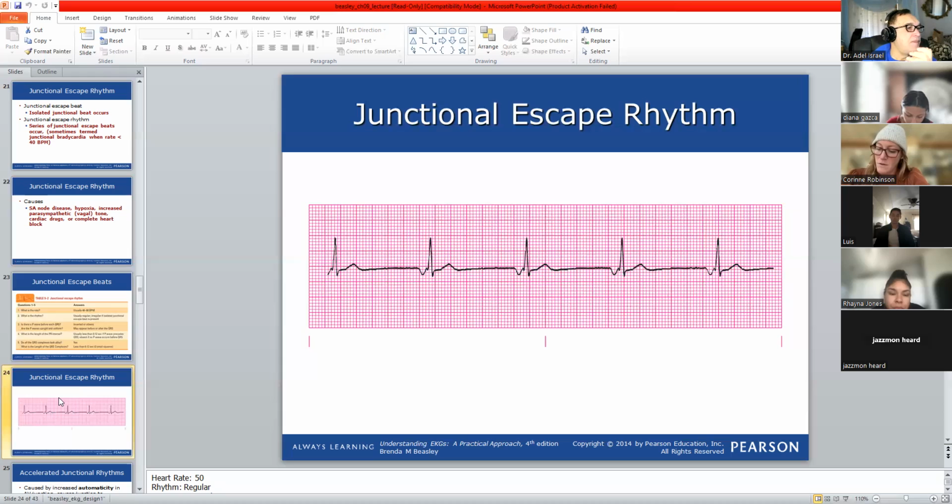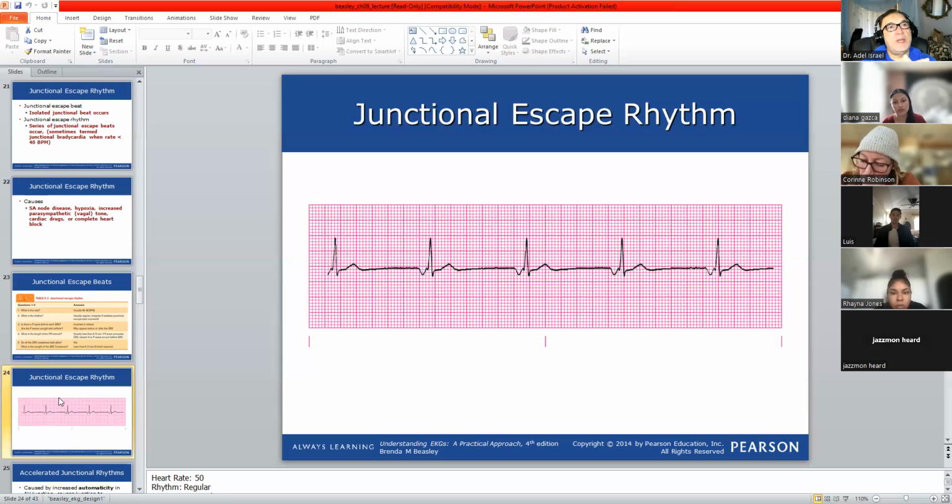So you notice, Diana, that all of them are of the same character, that P waves are negative, and then it is very clear for everyone. If you don't notice that the P waves are negative, please let me know. We can make an arrow to guide you. So P waves are negative all the way. The QRS, like you mentioned, is narrow.